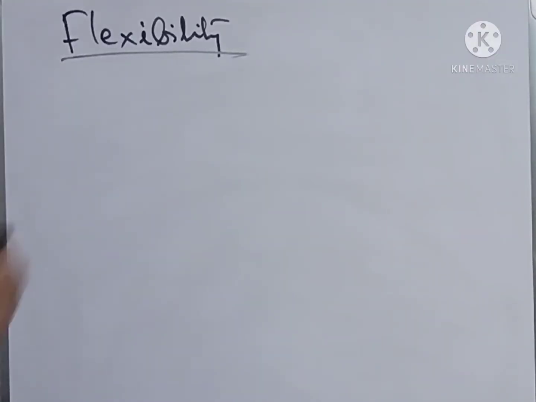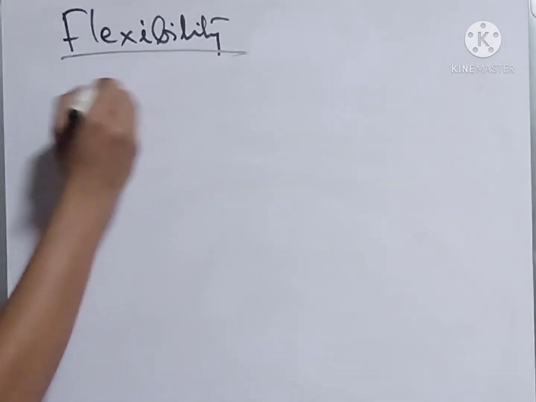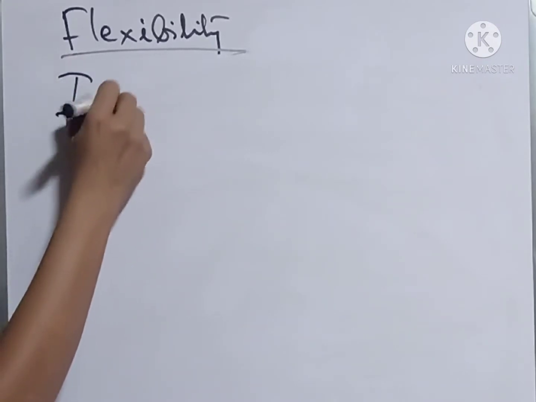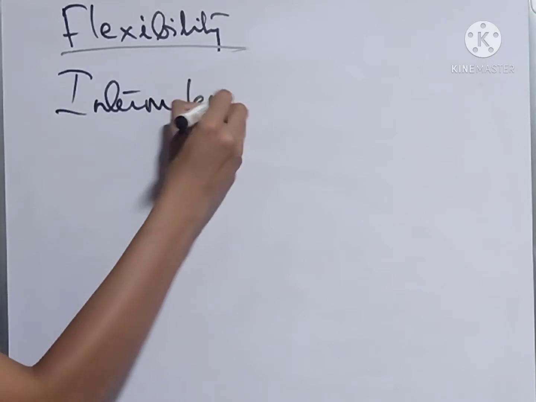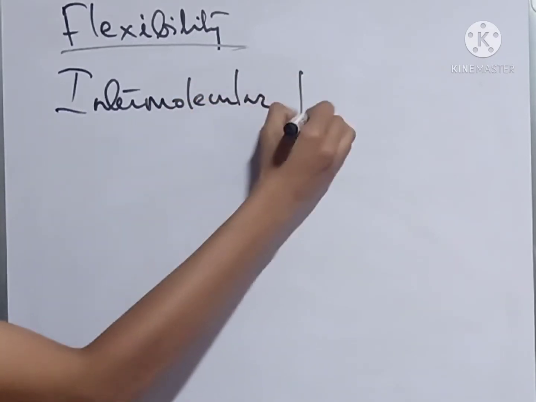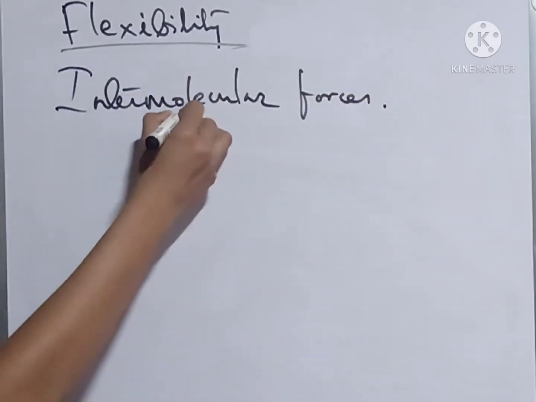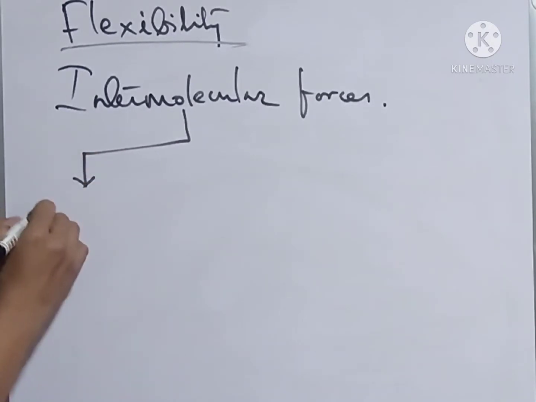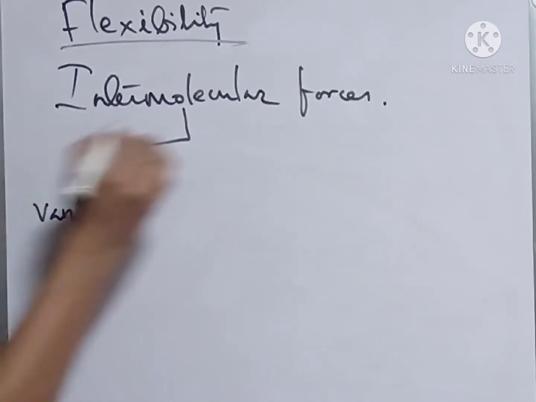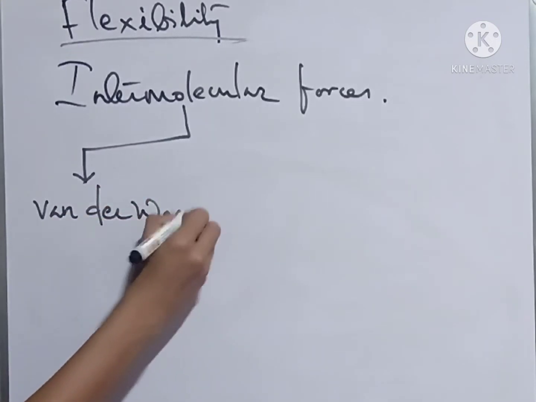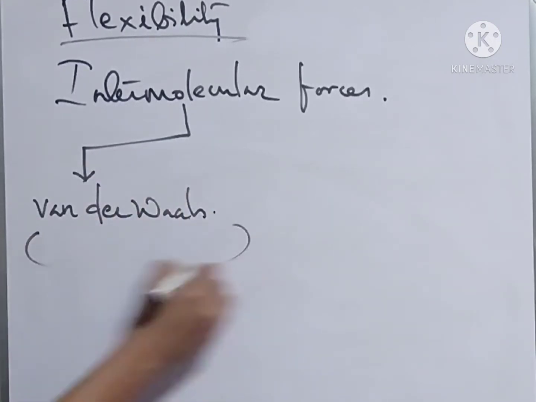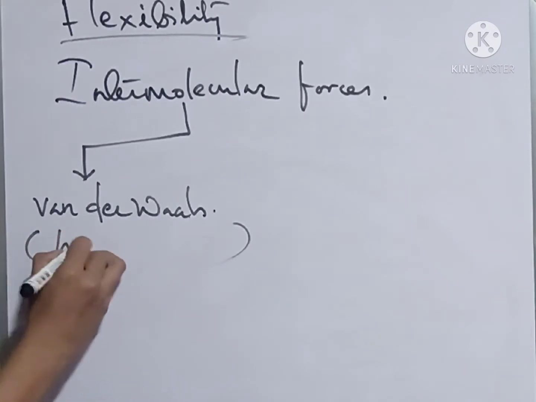And flexibility can also be expressed in terms of the intermolecular forces that exist between the polymer segments. If the intermolecular forces are weak, such as van der Waals type bonds, then it is highly flexible.